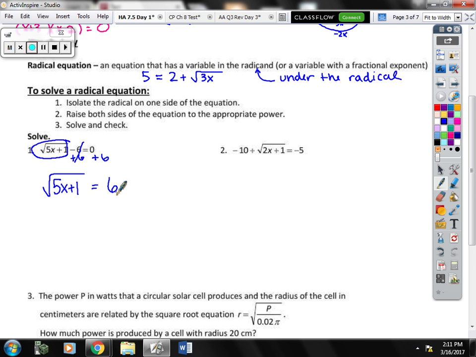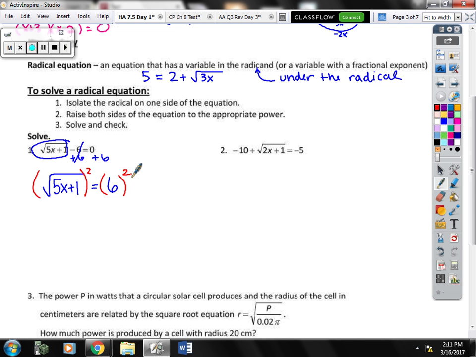It says to raise both sides of the equation to the appropriate power. What that means is we're going to undo a square root by squaring it. We'll undo a cube root by cubing it. A fifth root with a fifth power. So since this is the square root, I would square both sides.